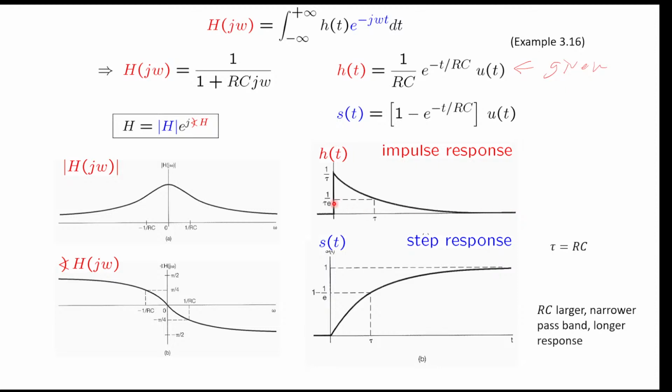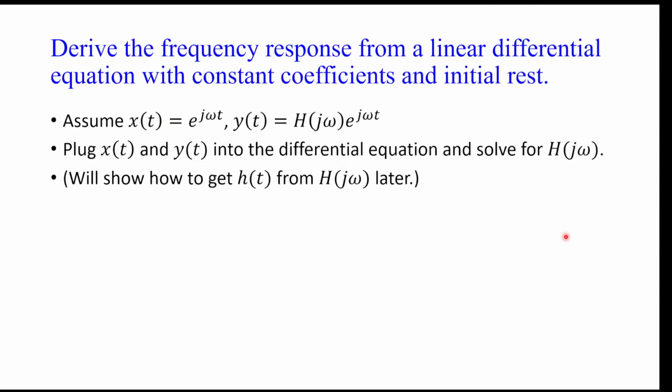But that will also make your impulse response decay slower, and that means your system will take longer to go to steady state, and that usually means your system will have more oscillation, etc. So there is an engineering trade-off of how you want to set your RC value.